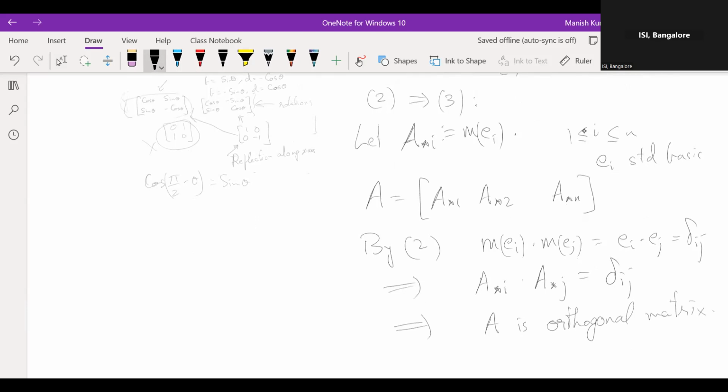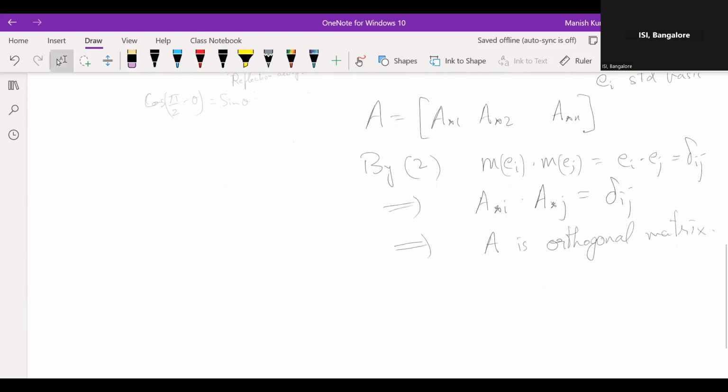All we have to check is that M and A are more or less the same, that they define the same function. So the claim is Mx equals A times x for all x in Rn. This is what we'll have to prove. If you prove this, then we are done, because we wanted to show that M is given by multiplication by an orthogonal matrix.